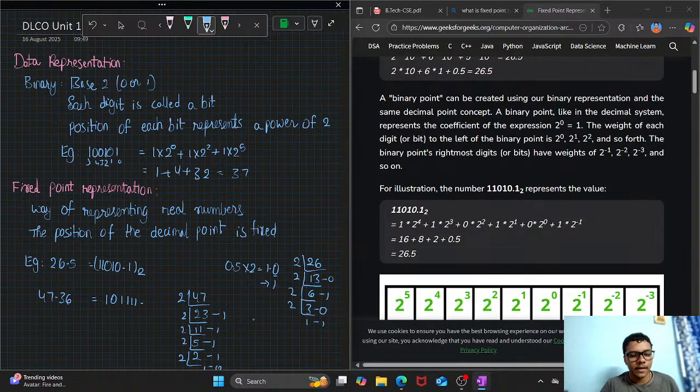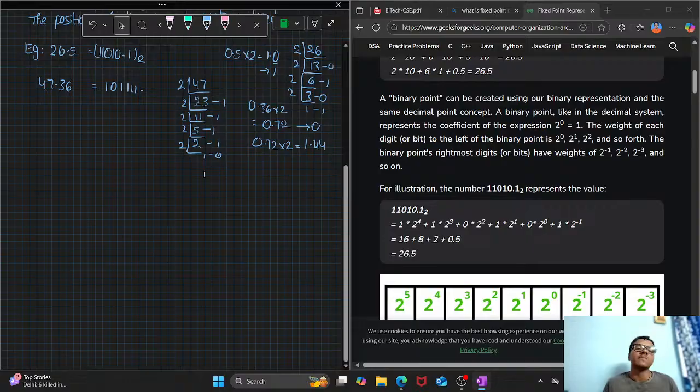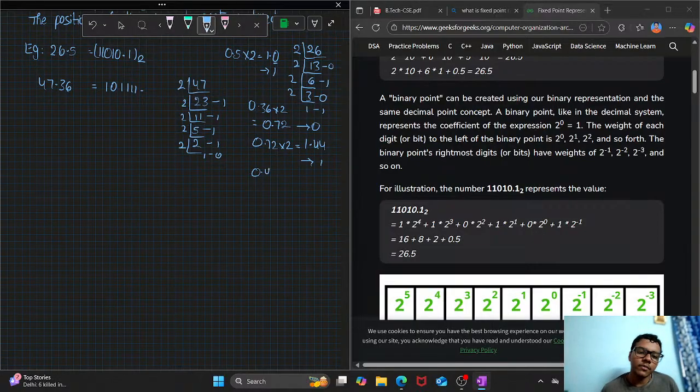Point. And I have to do 0.36 times 2. That's 0.72, so you got the 0 here. And 0.72 times 2 is 1.44, so I got a 1 then. 0.44 times 2 is 0.88.